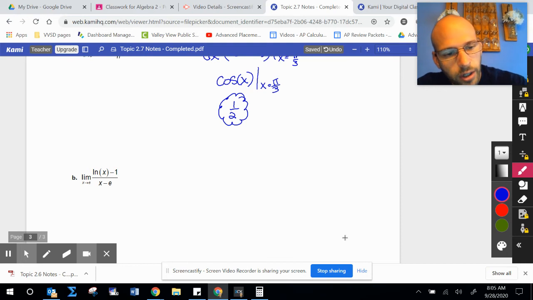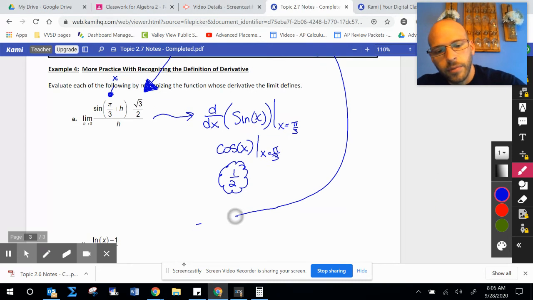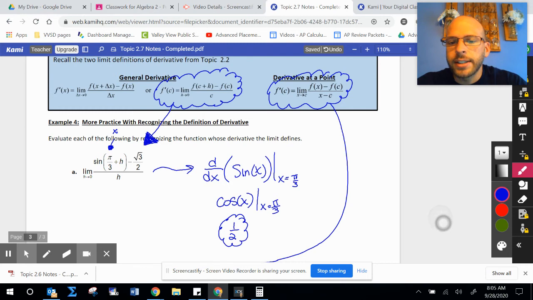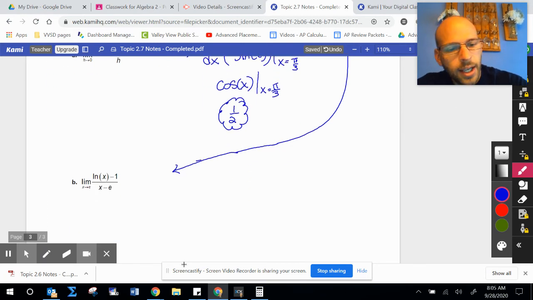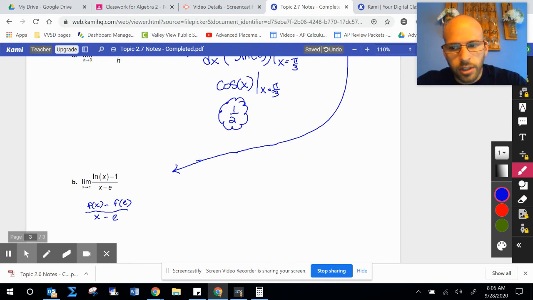Now I want to show you that this one actually uses our second definition for a derivative, all right? So limit of f of x minus f of c all over x minus c. This is f of x minus f of e all over x minus e, okay, if you look at that notation.